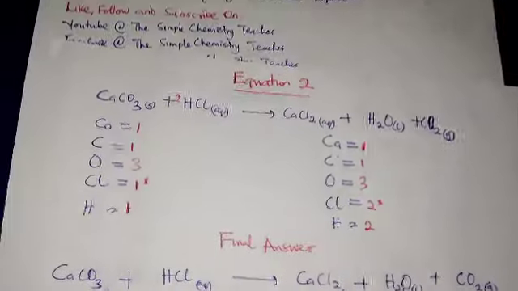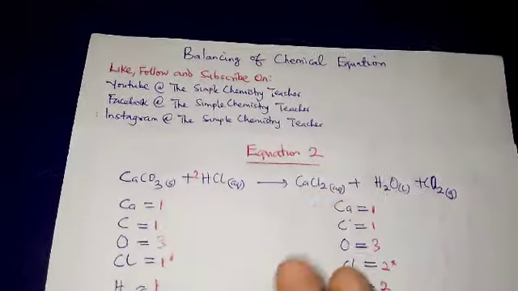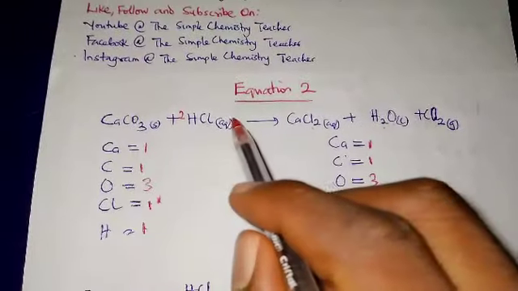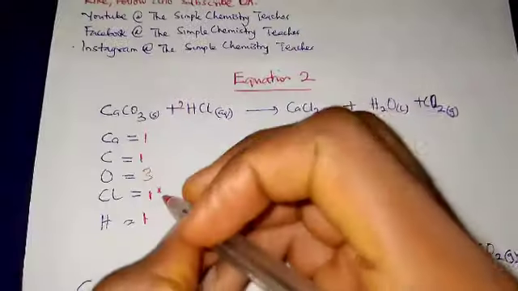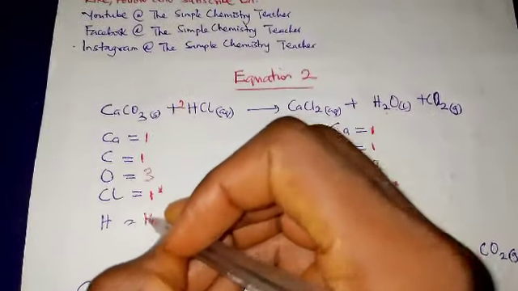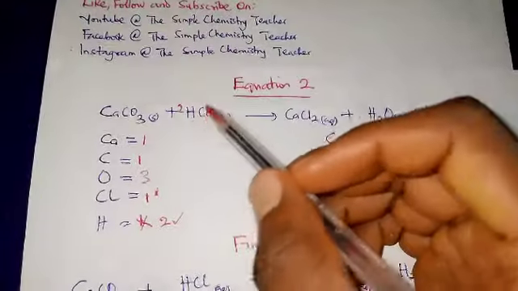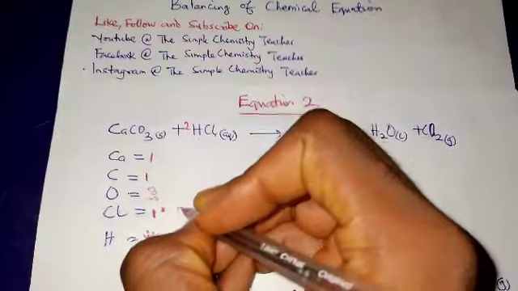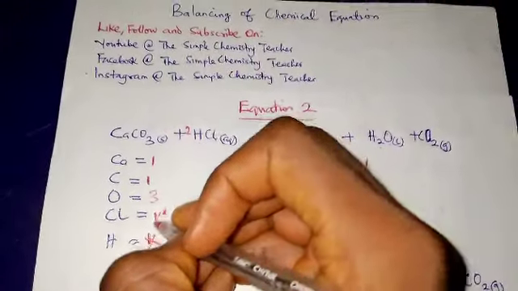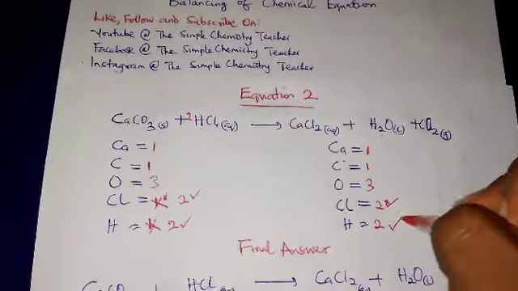Remember in the previous video I said that whenever you add the 2, the 2 will multiply everything behind it. So 2 times hydrogen, we now have 2 hydrogen, and 2 times 1 atom of chlorine, we now have 2 chlorine. So it is now balanced.